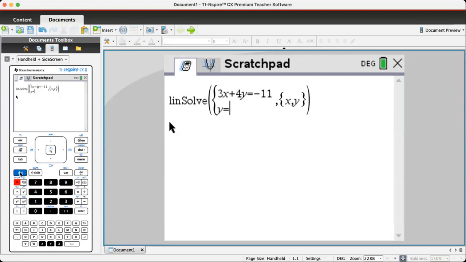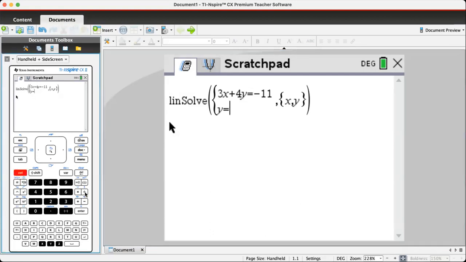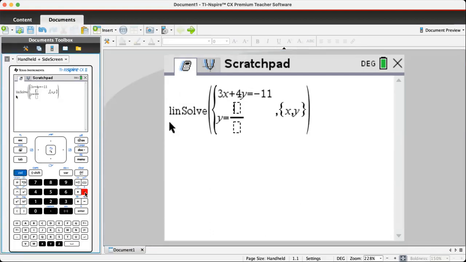Now, my slope is a fraction, so I'm going to do control division to get my fraction template. And then I'm going to write 3 over 2, and then x, and plus 13. Right? And then just press enter.